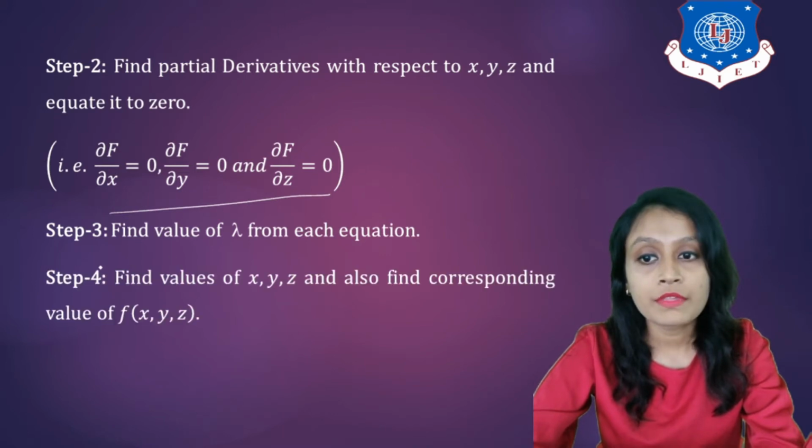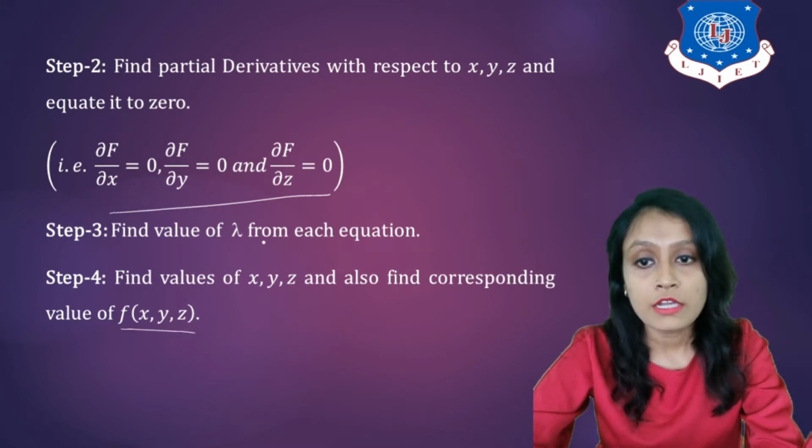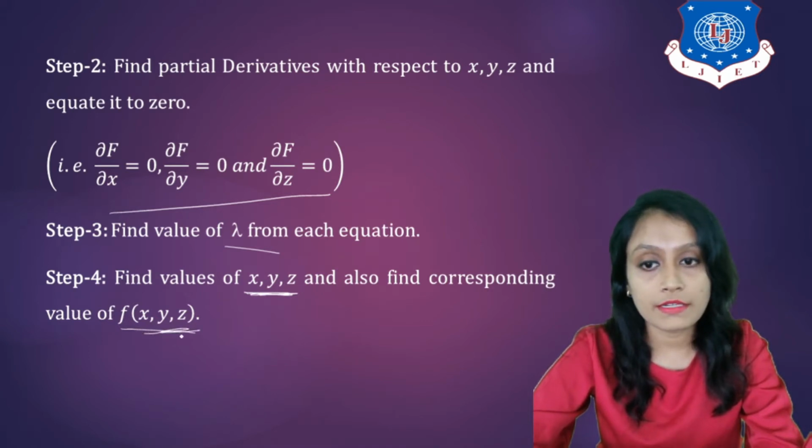Then find the values of x, y, z and also the corresponding value of function f of x, y, z. So from this lambda and from the constraint we will find the values of x, y, z and then we will find the value of this function f of x, y, z.